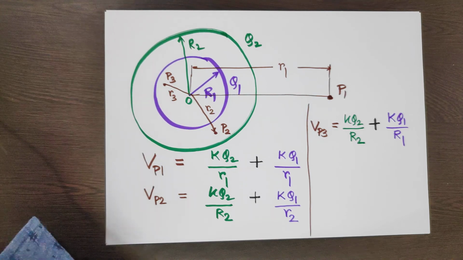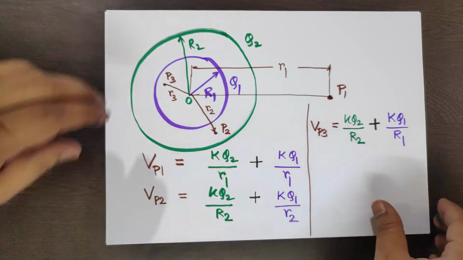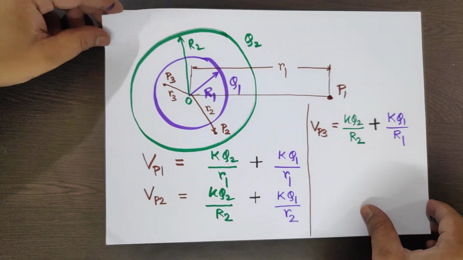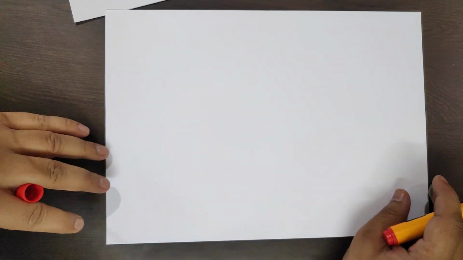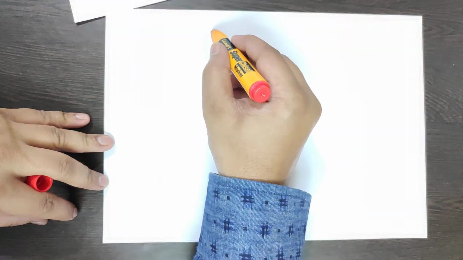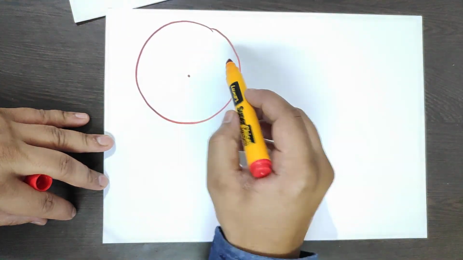Okay, now we'll calculate potential due to a uniformly charged solid sphere. We already know the calculation of the electric field due to this one. So this is the uniformly charged solid sphere.